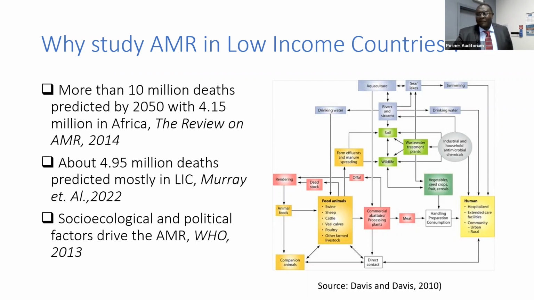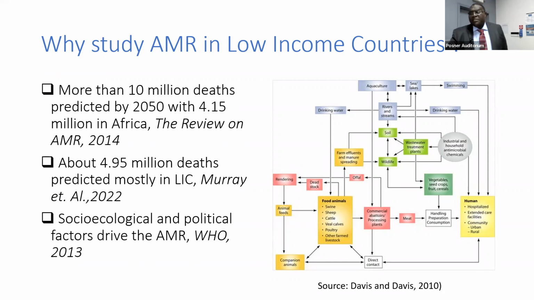It's very small. If you look at the animal side, many people believe that the animal sector is very important in terms of AMR. And you can see in the food animals, you have a lot of species. And you can add to that the companion animals, and whatever comes from the farm.